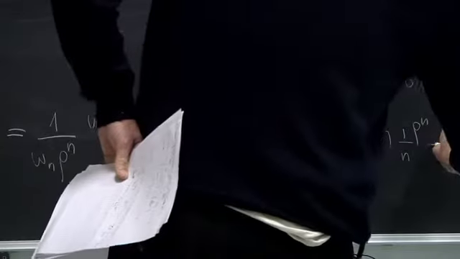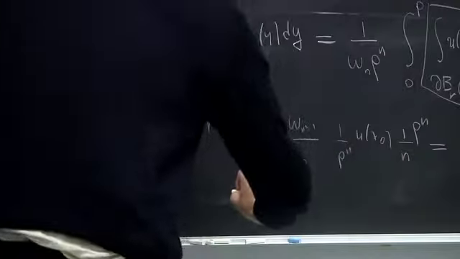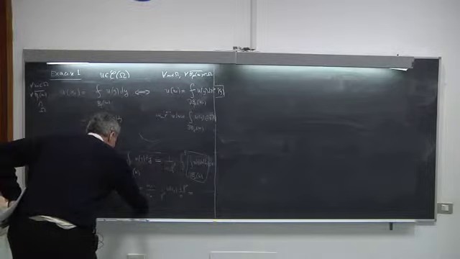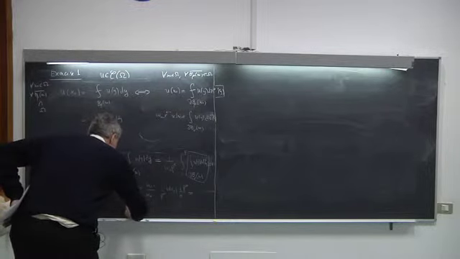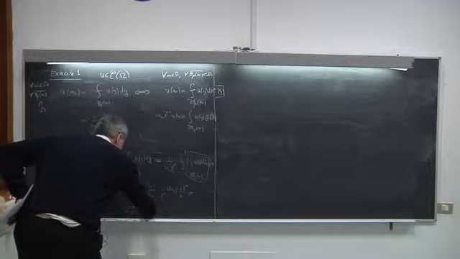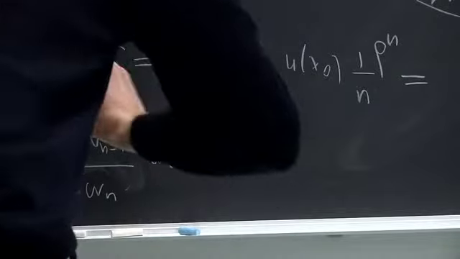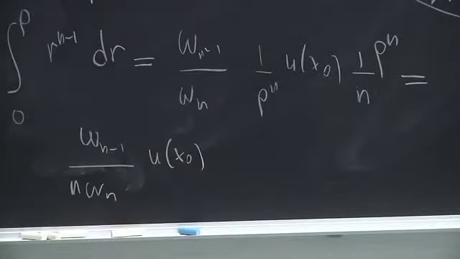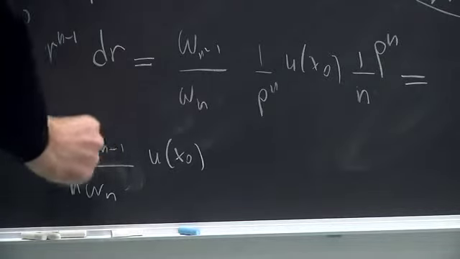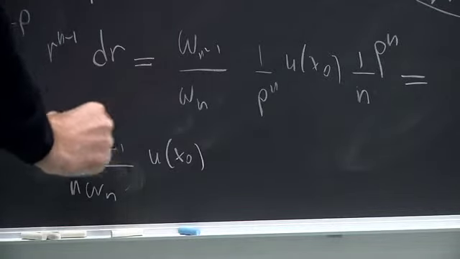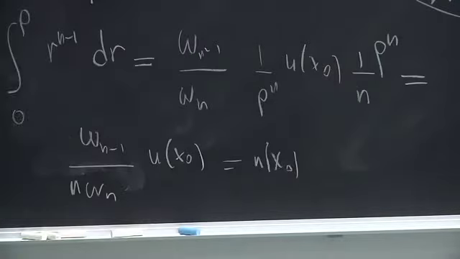So this seems to be a constant times u of x naught. Okay? But this is equal to 1. And therefore, I was starting from the volume.